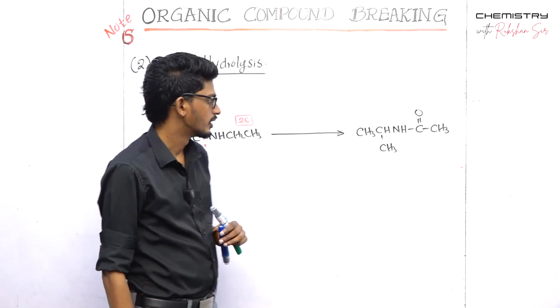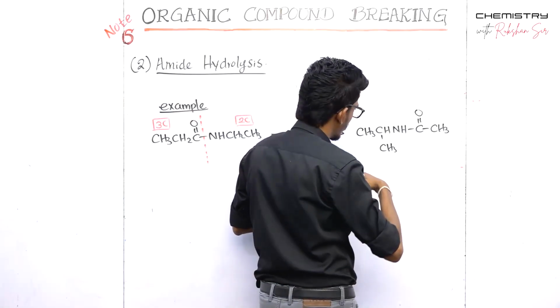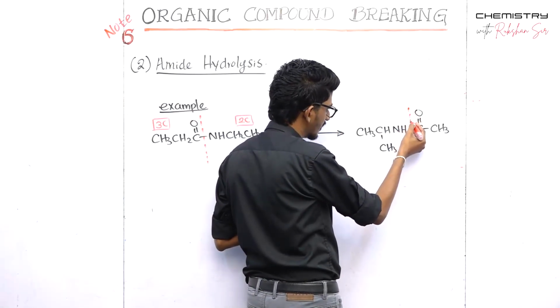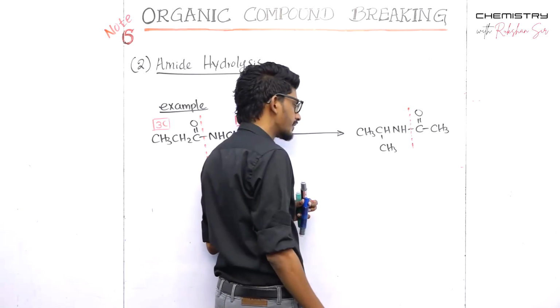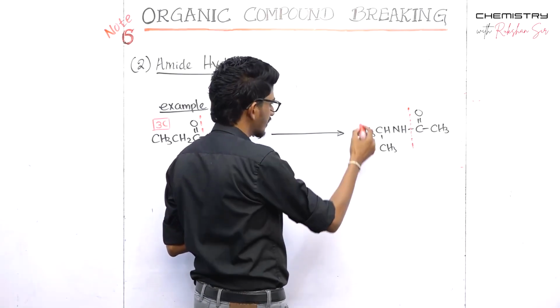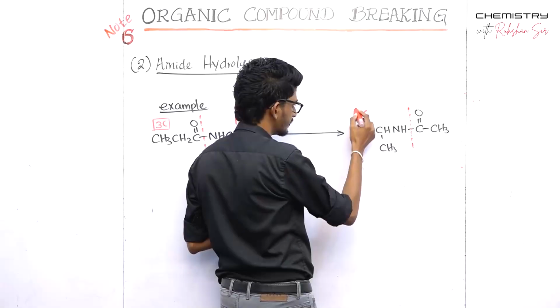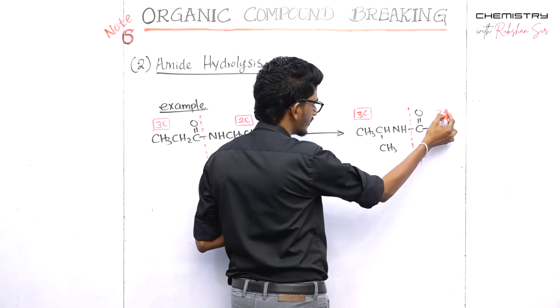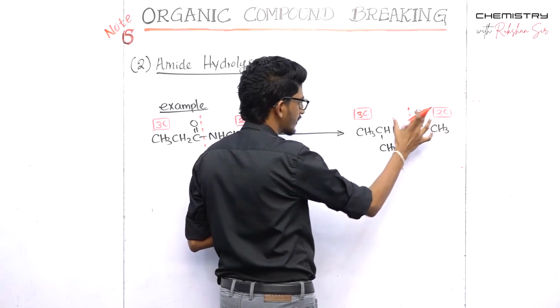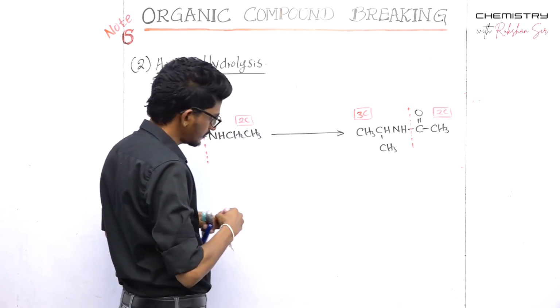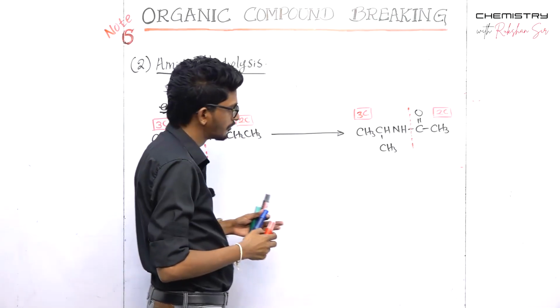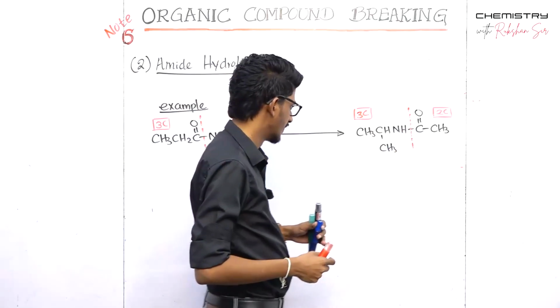So here as well, if you think of breaking from here, you would come up with some 3 carbon and 2 carbon compounds. So we have to form this bond.